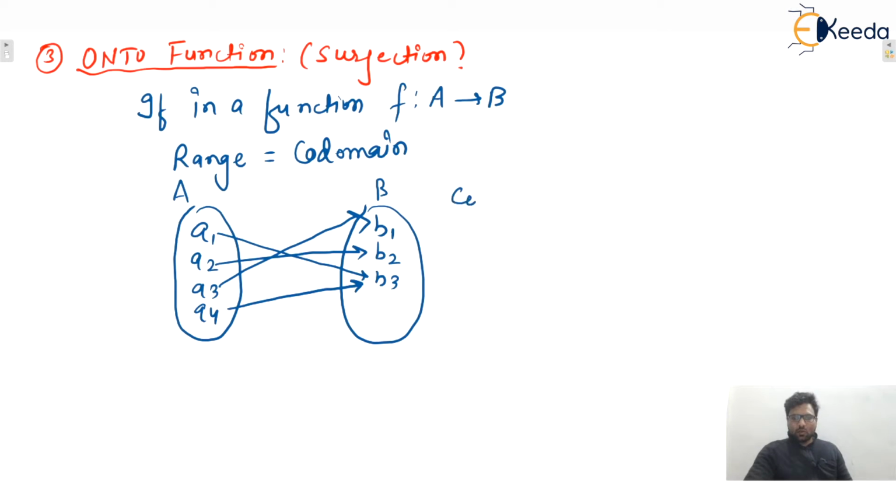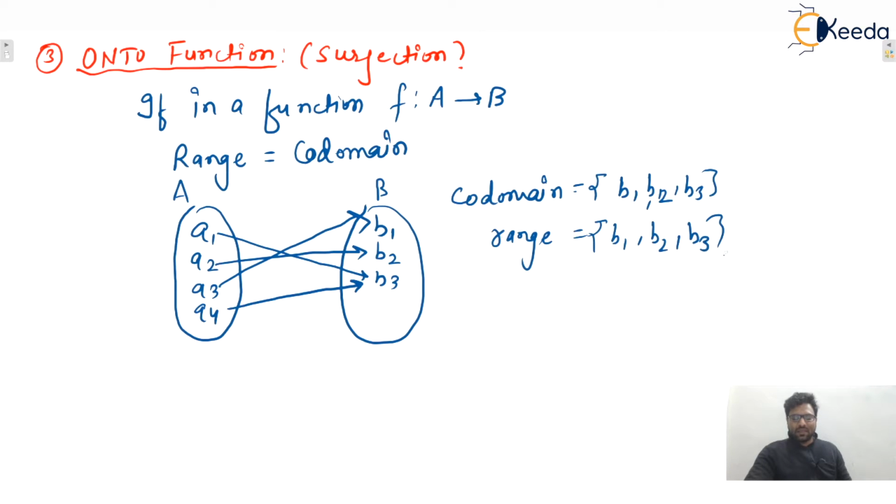So here codomain means elements of set B, and range is also equal to codomain, that is B1, B2, B3.